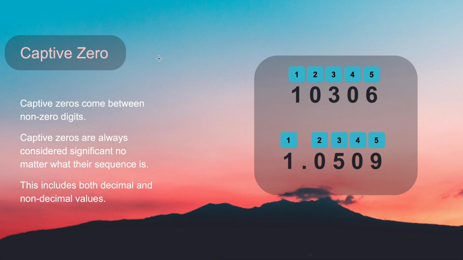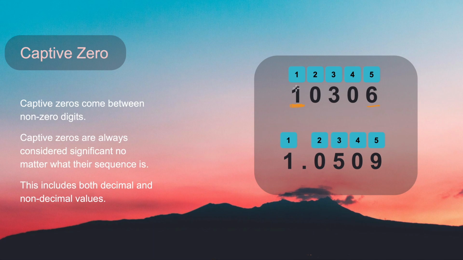Captive zeros will always be considered significant no matter what their sequence is, as long as the right and left are non-zero digits. This includes both decimal and non-decimal values.